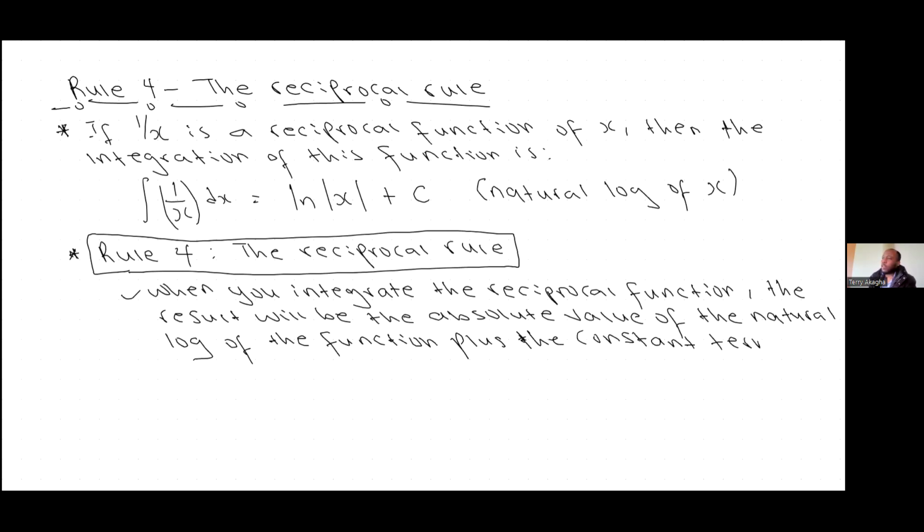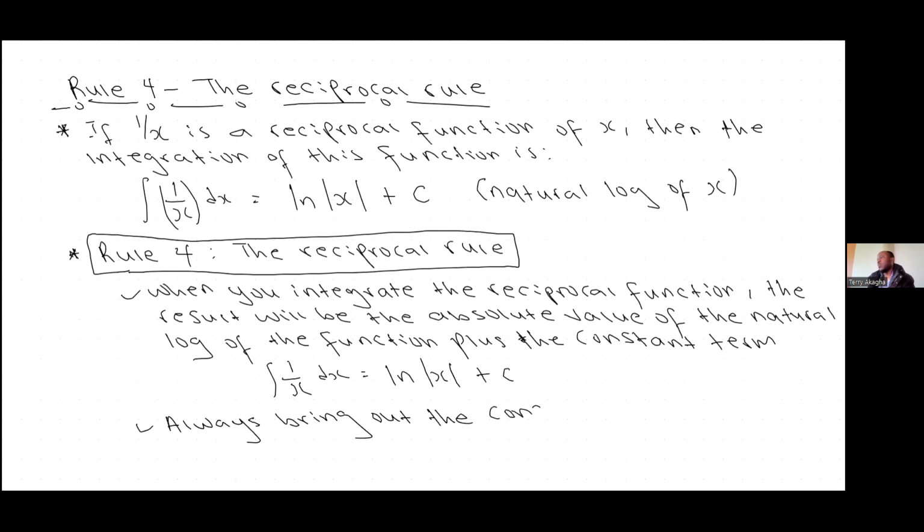Basically, when you integrate 1 over x with respect to x, it's going to give you the ln of the absolute value of x plus c. And similarly to the constant rule, if there is a constant with a reciprocal function, you always bring out the constant term.